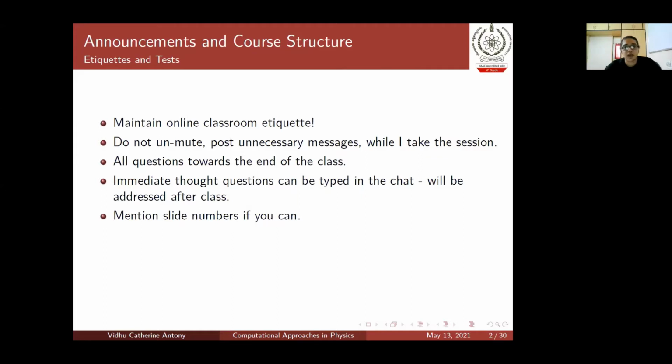If you can, mention the slide numbers. When you see this part, 2 out of 30 slides or whatever, mention the slide number so I can go to that particular slide. Even if it is a question that you just thought of and it's not really relevant to the content, let me know at what point or what slide number you thought of that question.